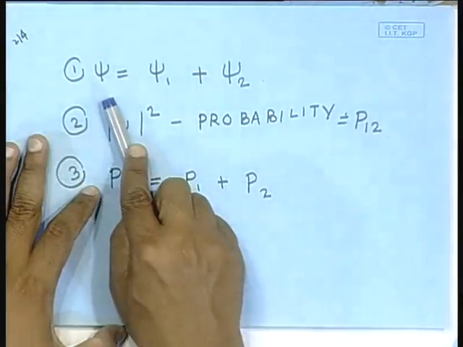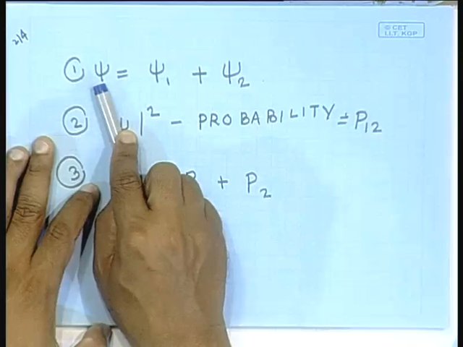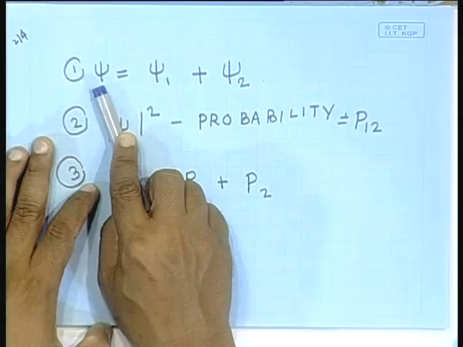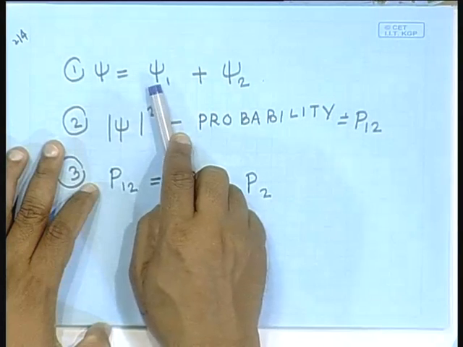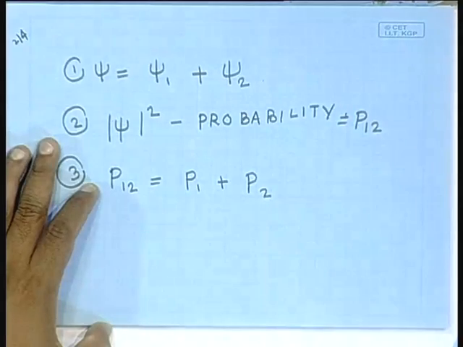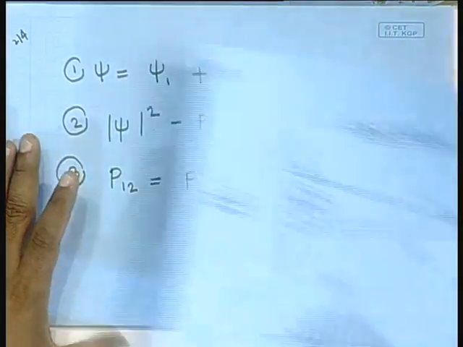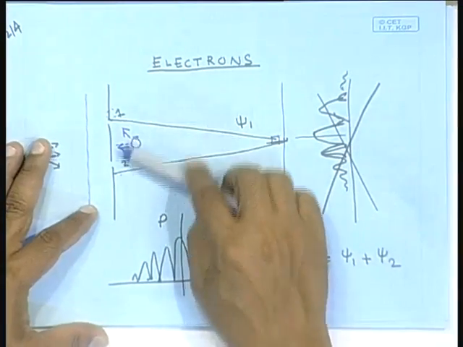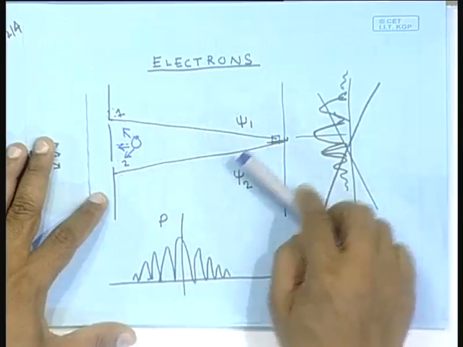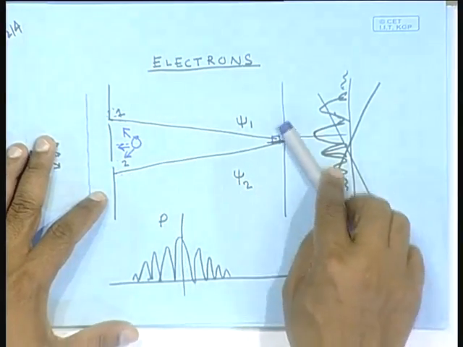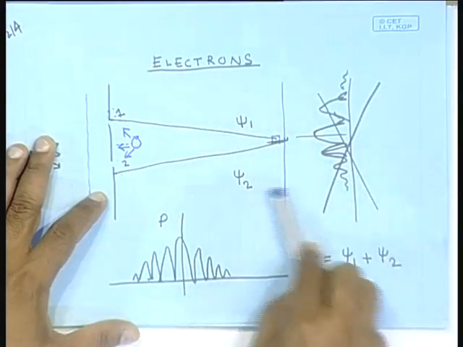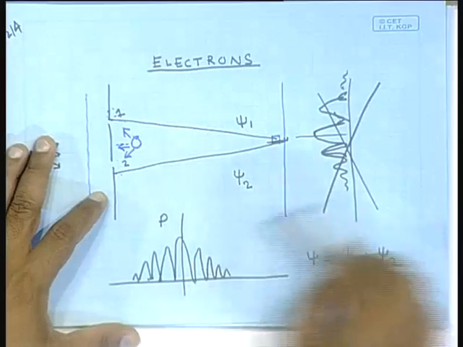So, the value of the wave psi at any point on the screen is psi 1, the contribution from slit 1, plus psi 2, the contribution from slit 2, and these two contributions can be in phase, out of phase at different points, which gives rise to this kind of an interference.